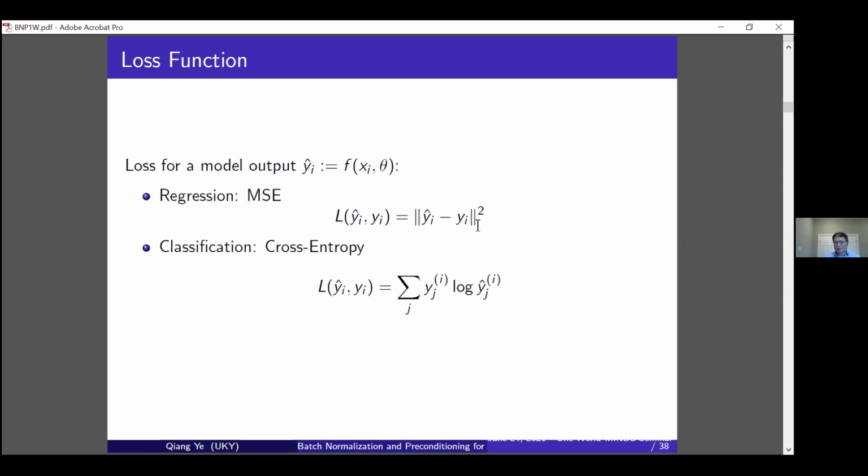By the way, the norm will always be the two-norm throughout this talk. And if it's a classification problem, then the label usually is a so-called one-hot vector, or just a standard coordinate vector. In that case, the output is usually scaled to be a probability distribution, a probability vector. In that case, a suitable loss would be something called cross entropy.